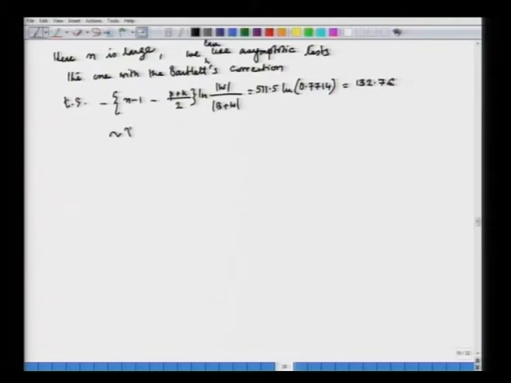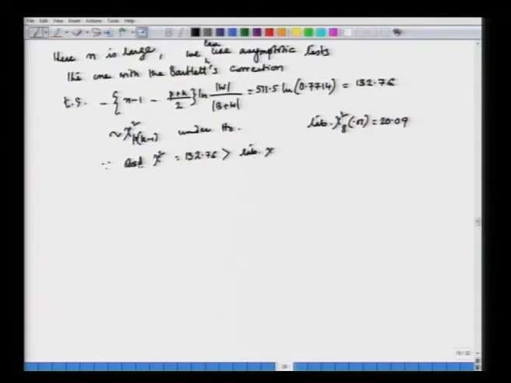This test statistic asymptotically follows a chi-square distribution with p times k minus 1 degrees of freedom under H naught, so we compare with tabulated chi-square with 8 degrees of freedom at 0.01, which is 20.09. Since the observed chi-square 132.76 is greater than the tabulated value 20.09, in the asymptotic test also we reject H naught at 1% level.